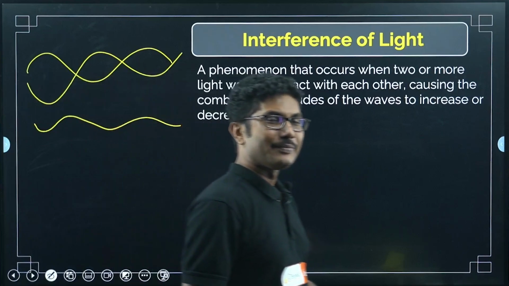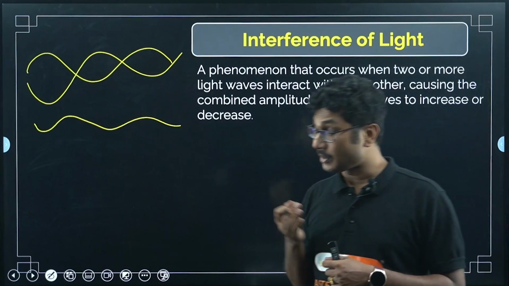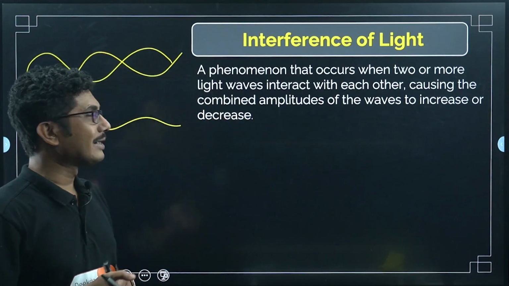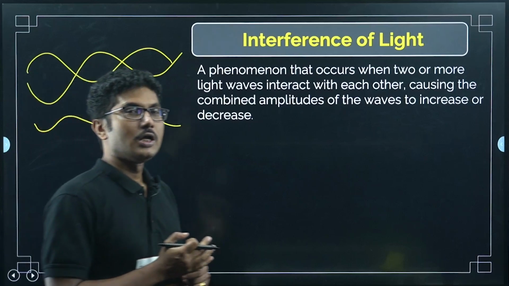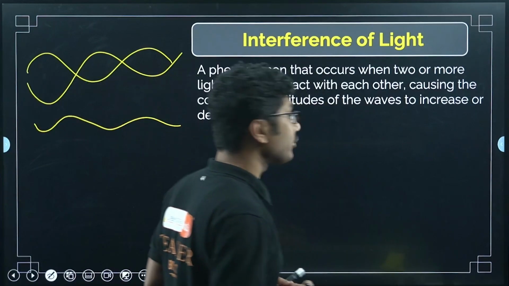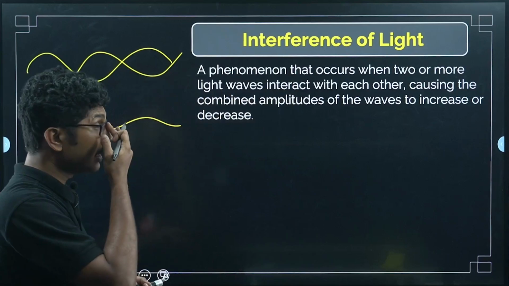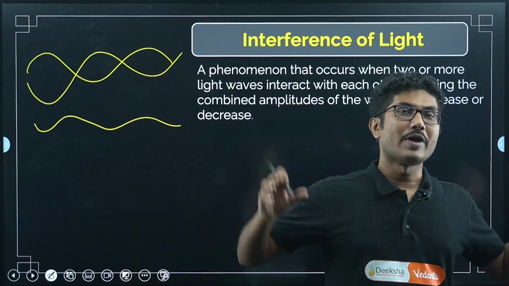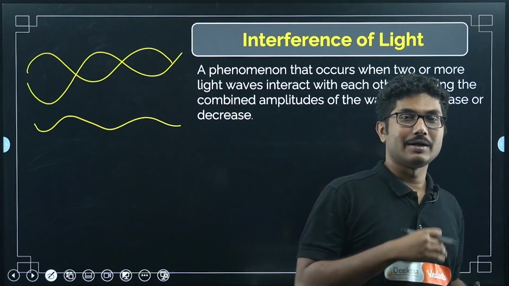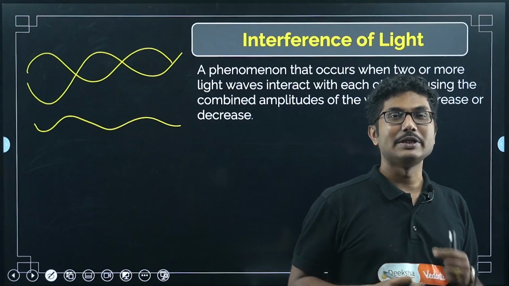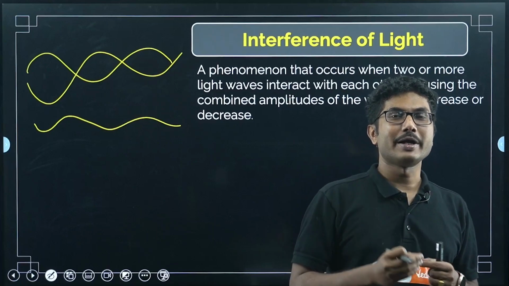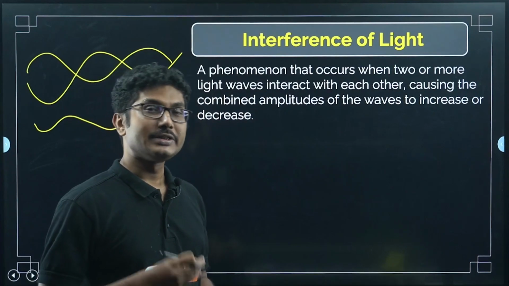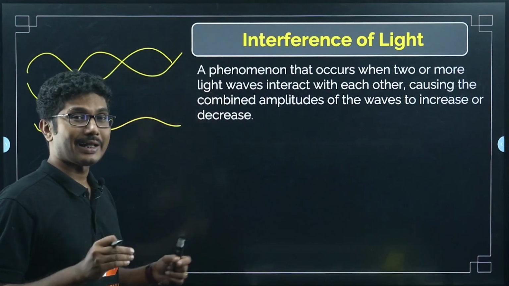If both have the same amplitude, at some point you will get a very high value and at some point a very low value. That redistribution of amplitude of the resultant wave is called interference. You are overlapping two waves that are not exactly in phase; they have some phase difference, so at some point the resultant amplitude increases and at some point it decreases.